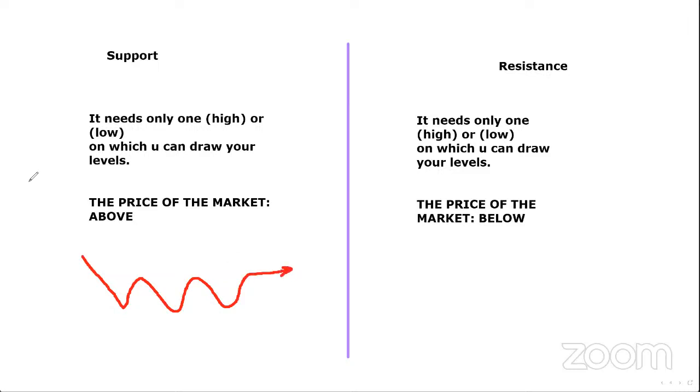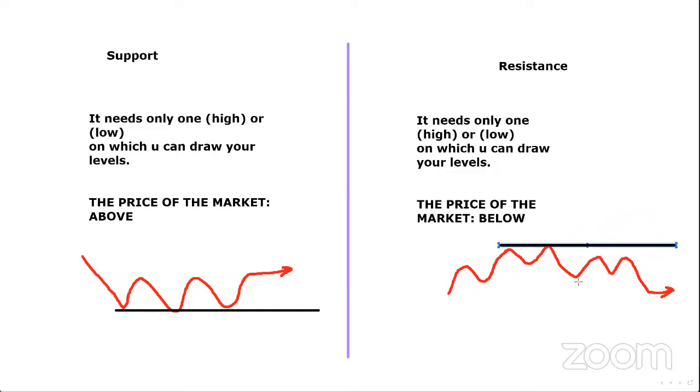So all of these things below are considered to be support levels. And the resistance: all of these things are considered to be resistance levels. That's it. This is how it works.